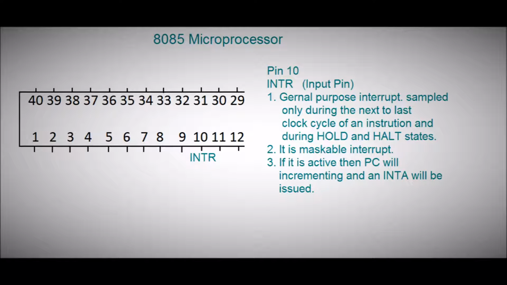Pin 10. INTR, input pin. 1. General purpose interrupt. Sampled only during the next to last clock cycle of an instruction and during hold and halt states. 2. It is maskable interrupt. 3. If it is active then PC, program counter, will increment and an INTA will be issued.